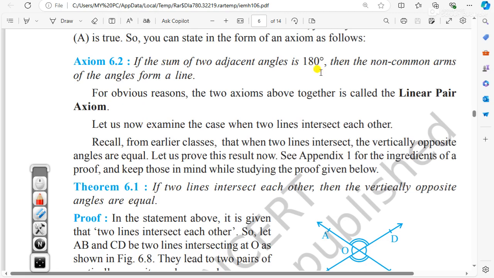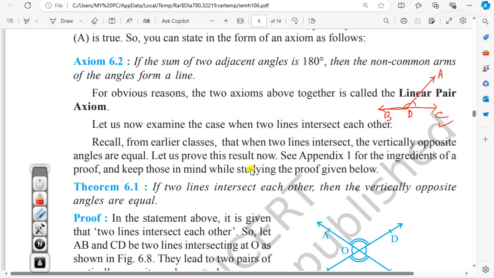Suppose this is a linear pair, and the sum of two adjacent angles is 180 degrees. This is A, this is B, this is C, right? The sum of this angle plus this angle is 180 degrees. Then the non-common arms DB and DC form a line. We know all these things, right?